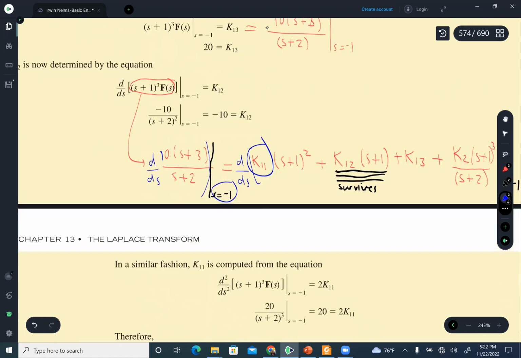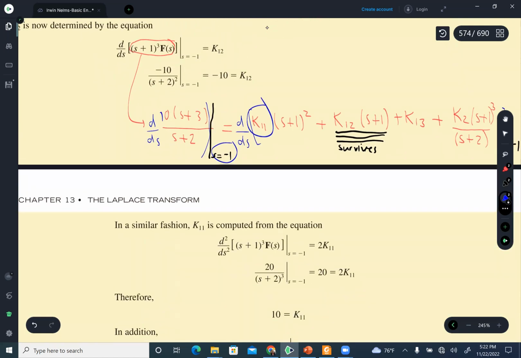So what you would do is, maybe I can write here, d squared/ds squared of (10s+3)/(s+2). After I take the derivative, I'm going to substitute s = -1.